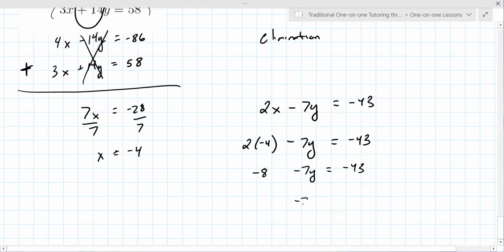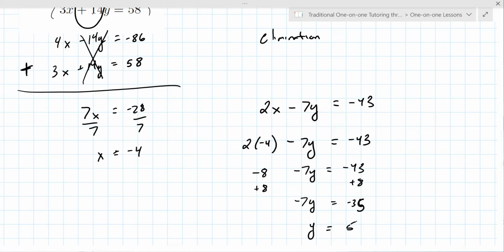Add 8 to both sides, and you get minus 35, divide by minus 7, so y equals 5. Is that okay so far?